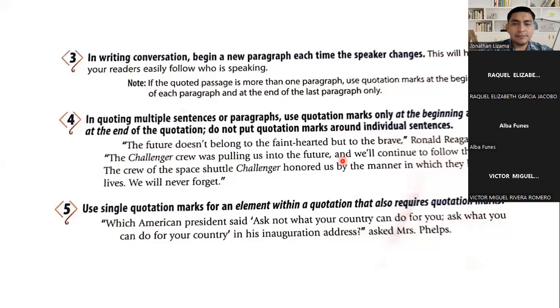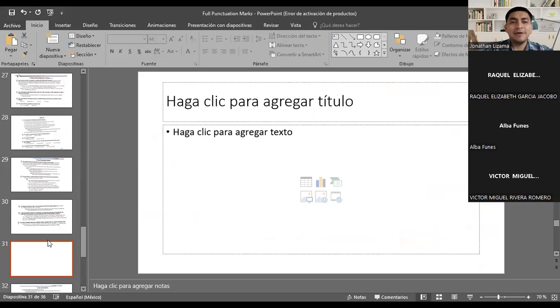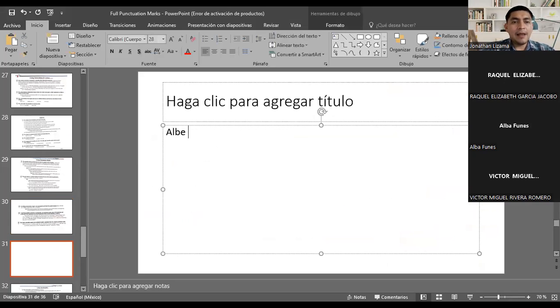Vamos a poner acá. Espero que me sirva la computadora para esto. A ver. Alba asked. Look at this one. Who my classmate said.